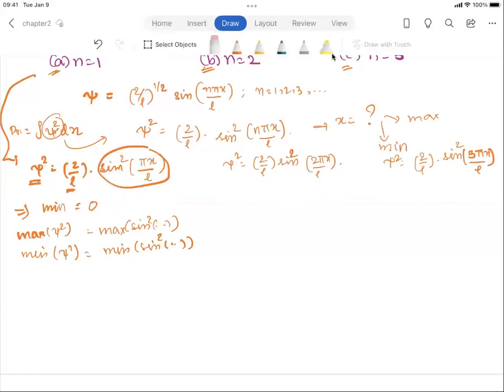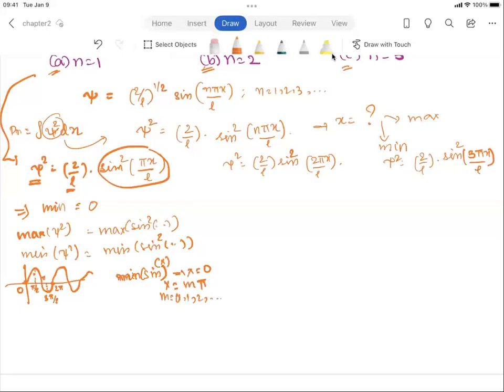When you have a sine function where this is 0 and this is pi over 2 and this is pi and this is 3 pi over 2 and this is 2 pi and so on, we know that the minimum of a sine function or a sine squared function is going to be when x is equal to 0, or when x is equal to, let's say, n pi. n could be 0, 1, 2, it could be anything.